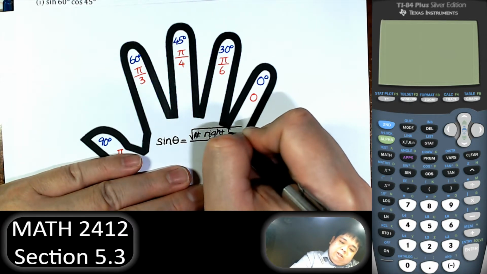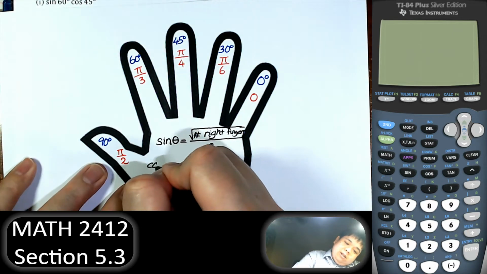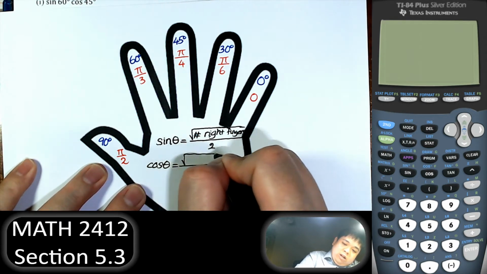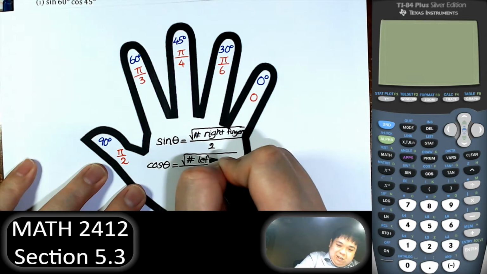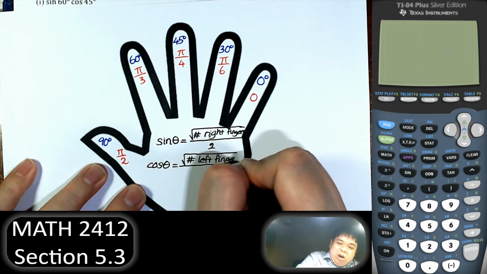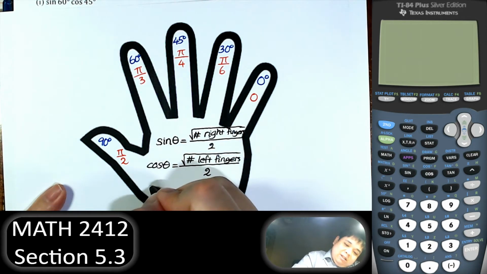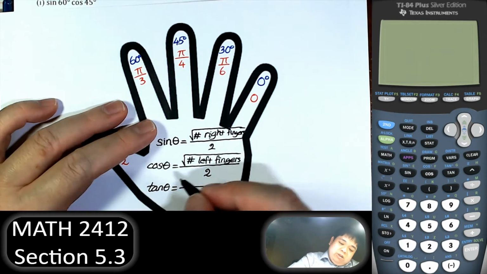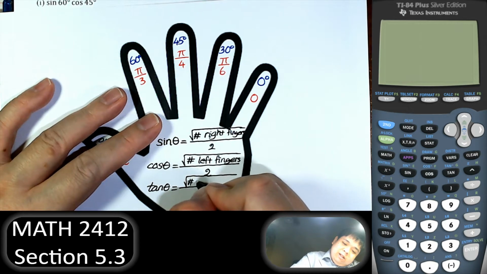And then cosine is equal to the square root of the number of fingers on the left. Just write it down first and then we'll explain more. And then tangent. Tangent being sine over cosine, so number of right fingers over the number of left fingers.